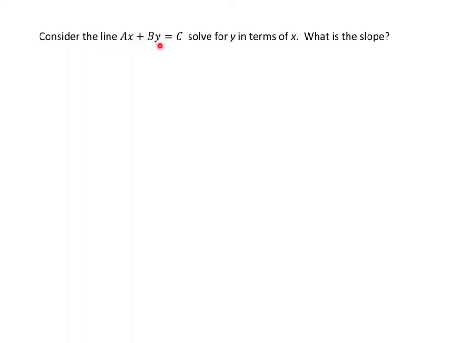Here we're asked to consider this line, which is in standard form, and we're told to solve for y in terms of x. What that means is make this equation y equals something. So if I'm going to isolate y, I have to subtract ax from both sides.